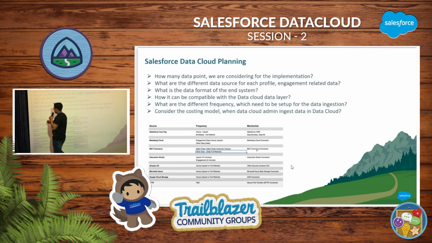So you can see there, I can specify here Salesforce, Marketing, B2C, then Interaction Studio, Amazon S3, that is again CSV upload or any other feed. Then there is Google GCP, SFTP, and Microsoft Azure.